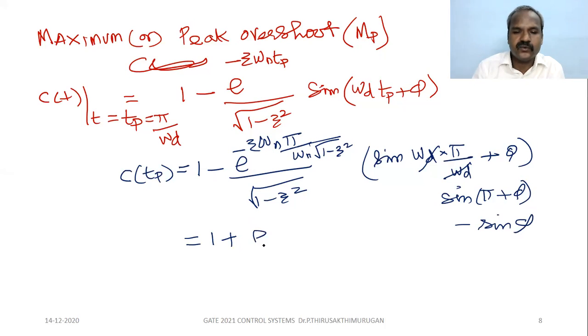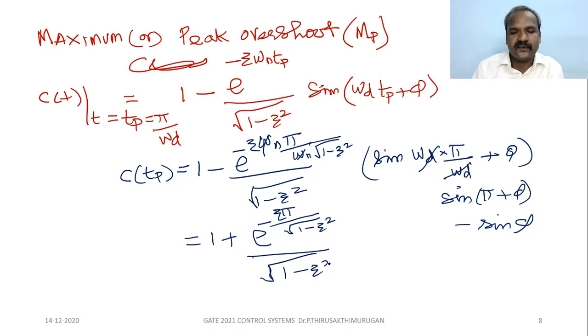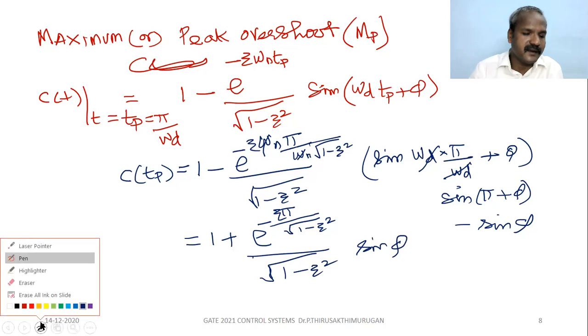So we get 1 plus e to the power minus zeta pi divided by square root of 1 minus zeta square, everything exponential to that, into sine phi, which is divided by square root of 1 minus zeta square.